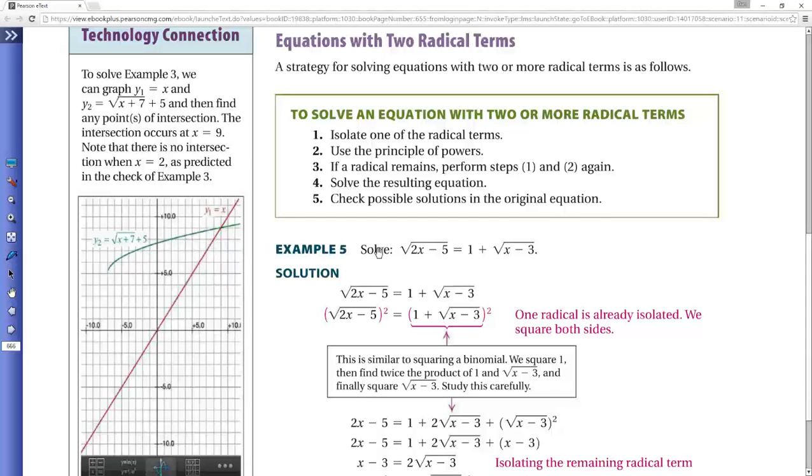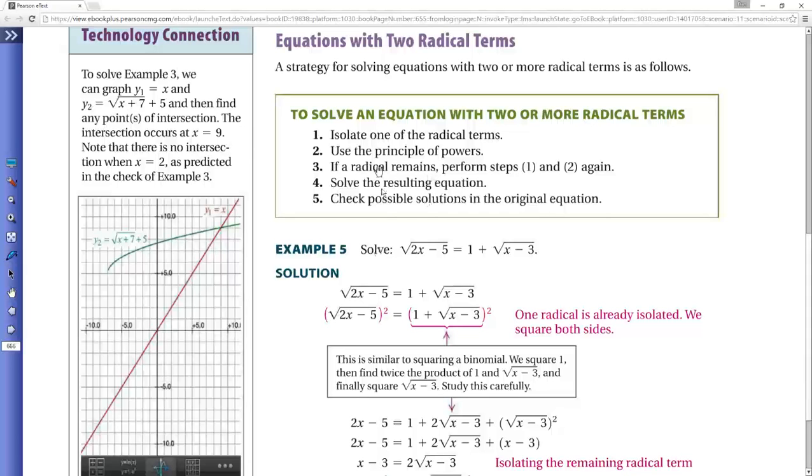We're going to decide, and this is really strategy. As you do a few of these problems, you'll find that hopefully not one way is the way you like to do it just because it worked that way one time. Think about what happens with these things so you can find a strategy to isolate the one that'll make less work. So think about that when you're working on the problems.